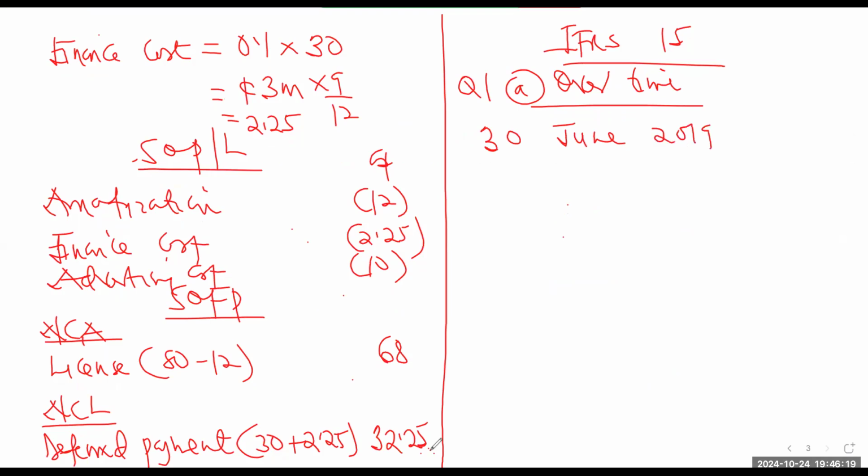2019. Okay. So for each year, you determine the total cost of the contract. For 2019, we are expecting total cost of the contract to be 40 million. We incur 26 and we are expecting an additional 14 to be incurred.